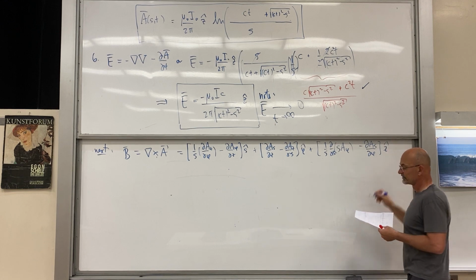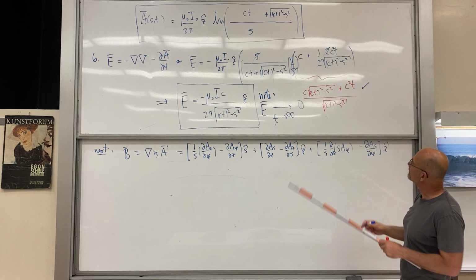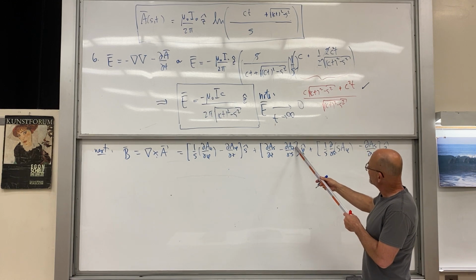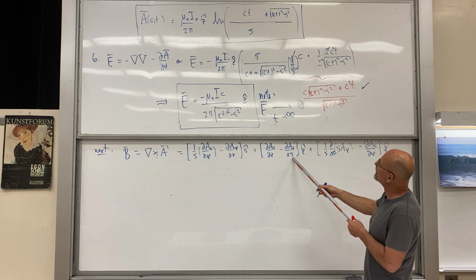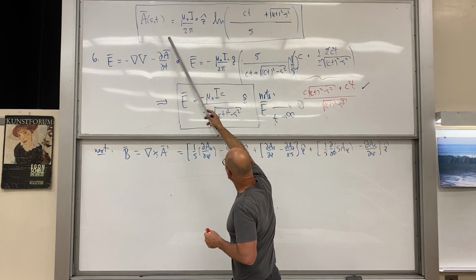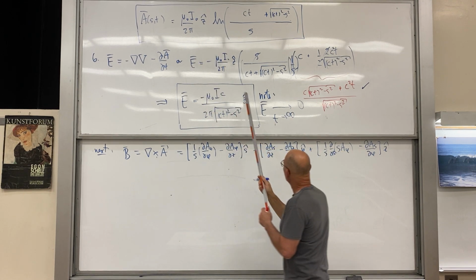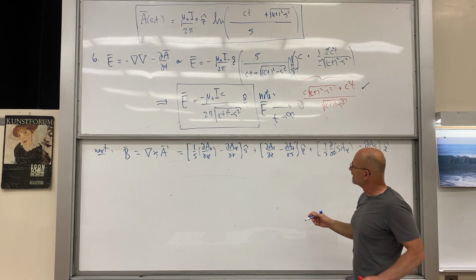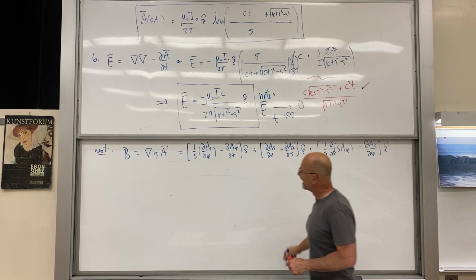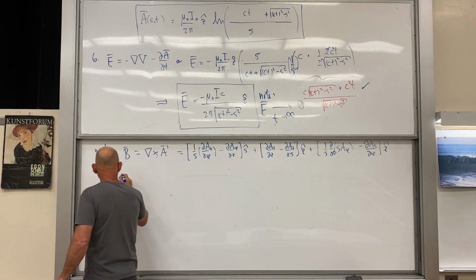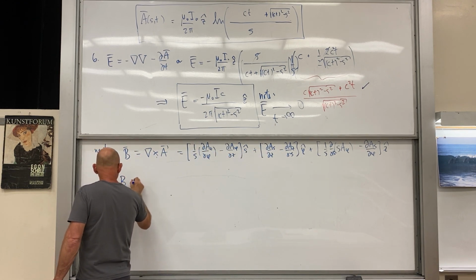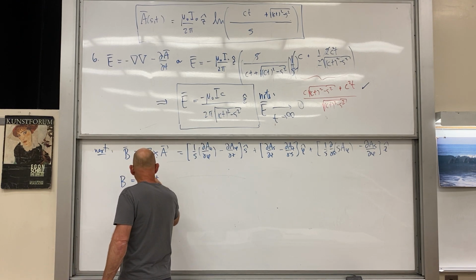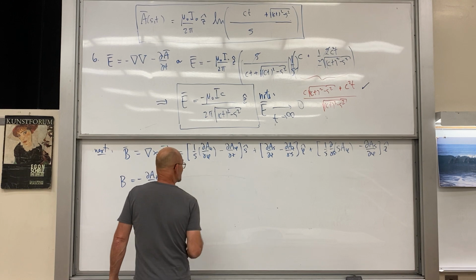Z hat. So the only component that we have going on right now is we have A sub z with respect to S, because this is A sub z. It's the only component we have, and S is in there. So this is what we have to calculate, and then we'll multiply it by phi hat. Okay. So B magnitude will be minus dAz ds.